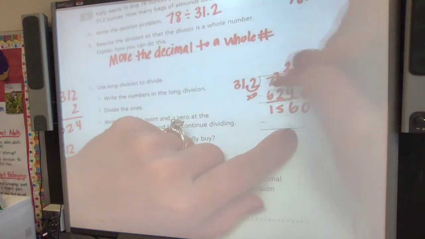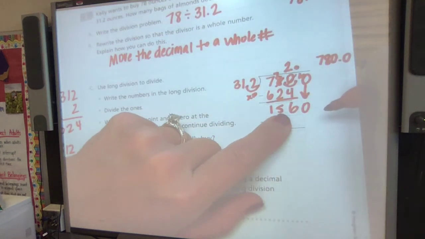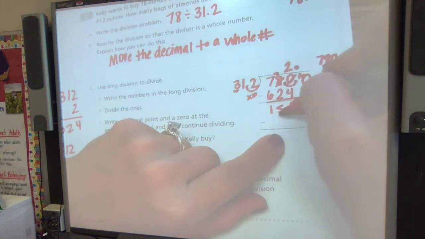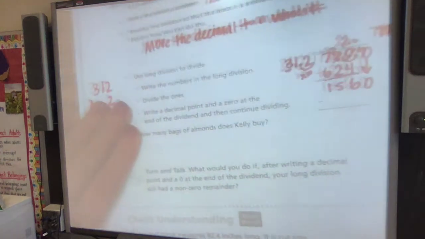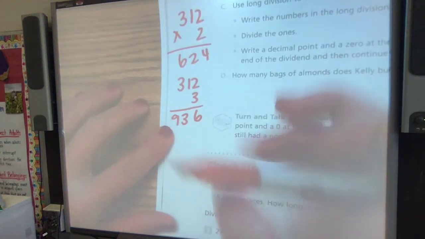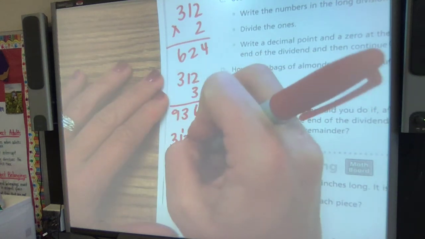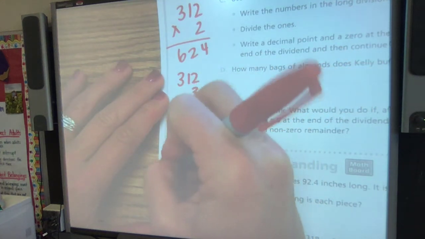Now, I know 312 can go into that big number. So let's think how many times. So I'm thinking here, I see my 3 and I see my 15, which makes me think 5. We did 3, so let's do 5. That'd be 10, 6, 15, 60.